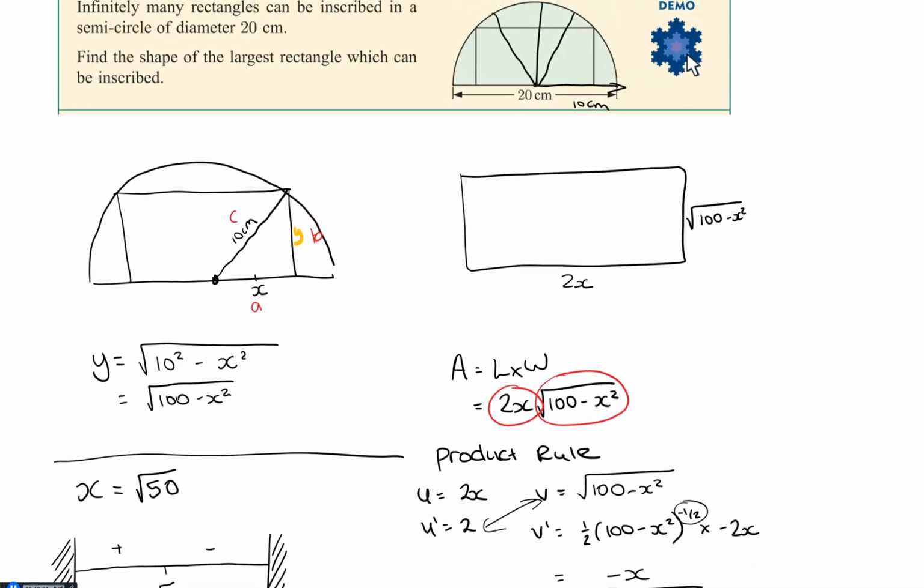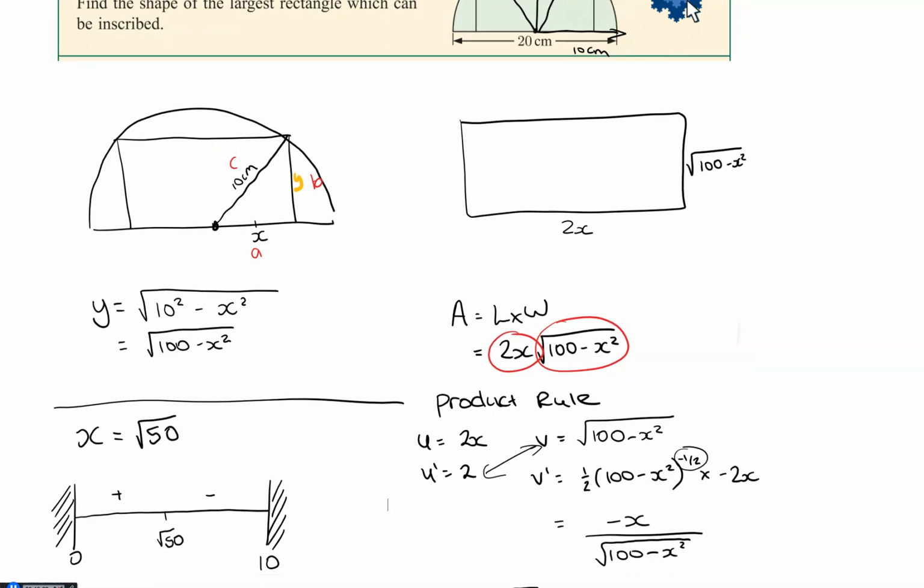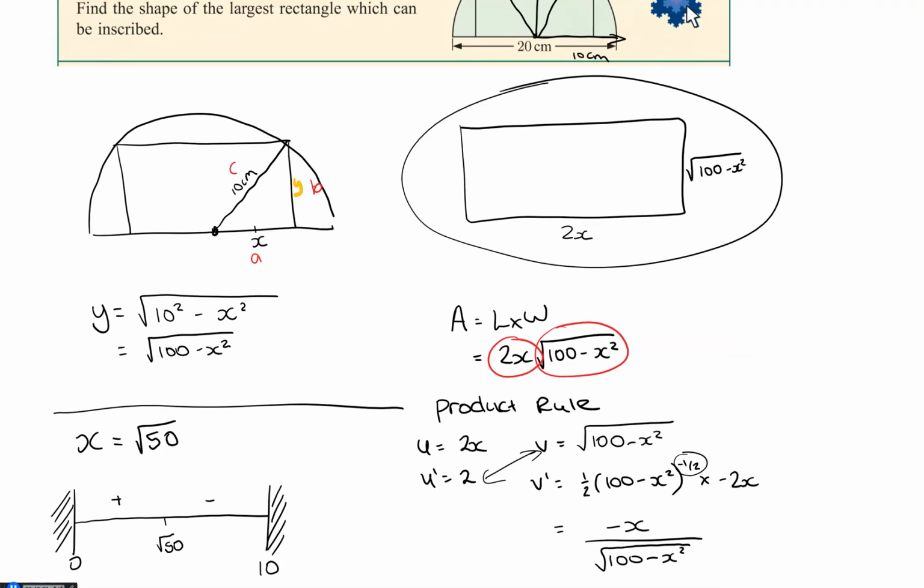And this is step 6, which is basically write a sentence and make sure you've answered the question, because it did say find the shape of the largest rectangle. So we go back to our situation here where we substitute what we found out as x. And so this is now going to be 2 times root 50, because x is root 50.